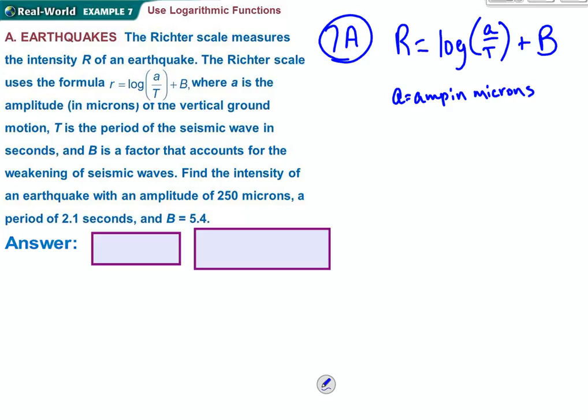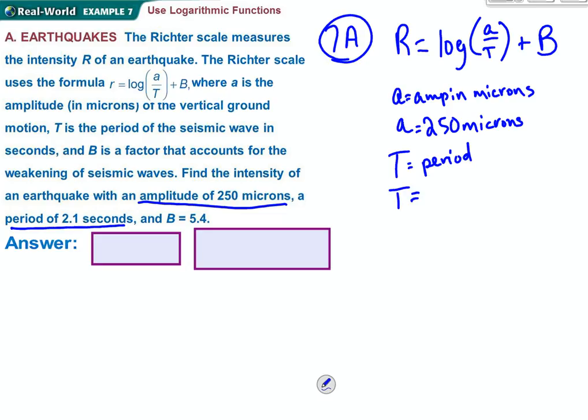In this case, A is equal to 250 microns. Capital T is the period, and for this one, capital T is the period of 2.1 seconds.